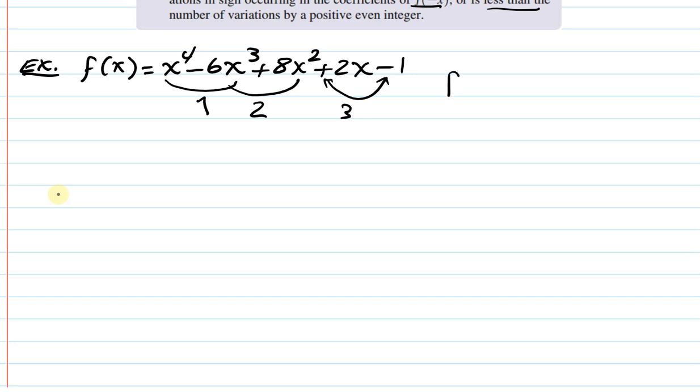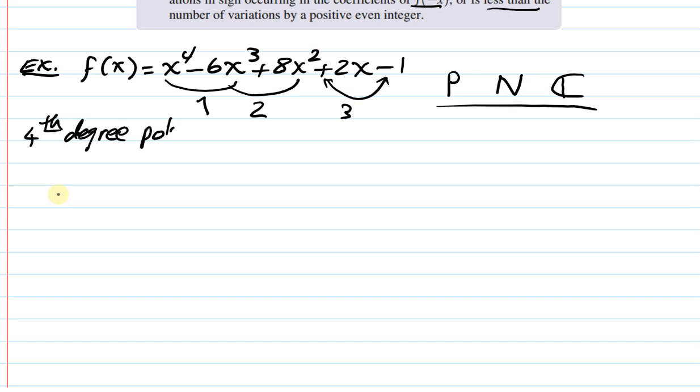So I'm going to form a table here. Put P for positive, N for negative, and C for complex solutions. Now this is a fourth degree polynomial, so I would expect to have at most 4 solutions, right?